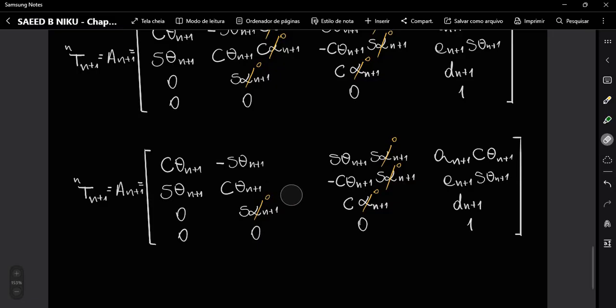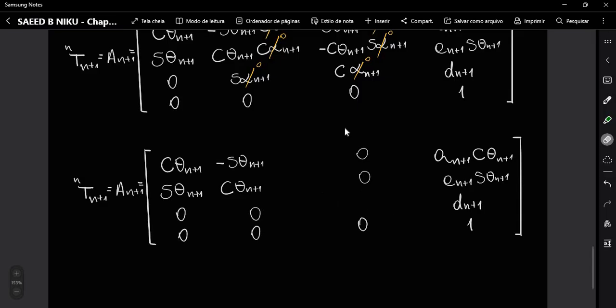And sine of 0 is 0. Sine of 0 is 0. Right here too, sine of 0 will cancel all these elements, and cosine of 0 is 1.